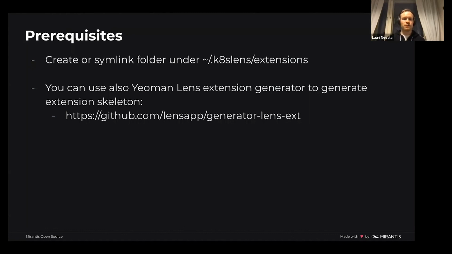When adding a new folder or directory there, Lens automatically recognizes it, and it will offer that as an extension in the extensions section of the Lens app. You can also use the Yeoman Lens extension generator to generate your extension skeleton, and this generator can be found on GitHub.